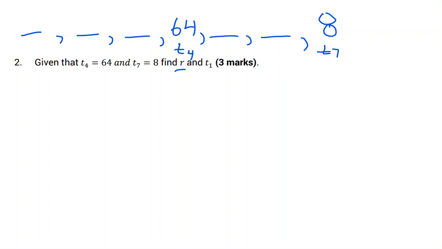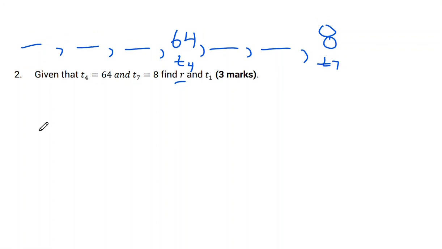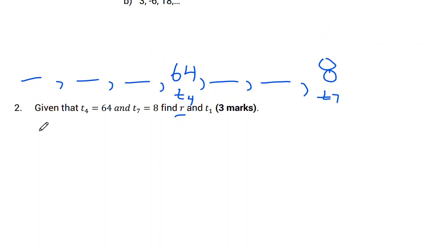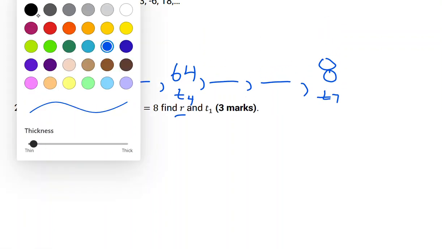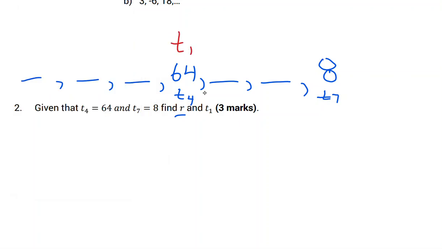So what do we do? Well, the way I like to do this question, because we're not given that first term, is to pretend that I have the first term. So if this was the first term, then 8 would now be... and there's a couple of ways you can do this.